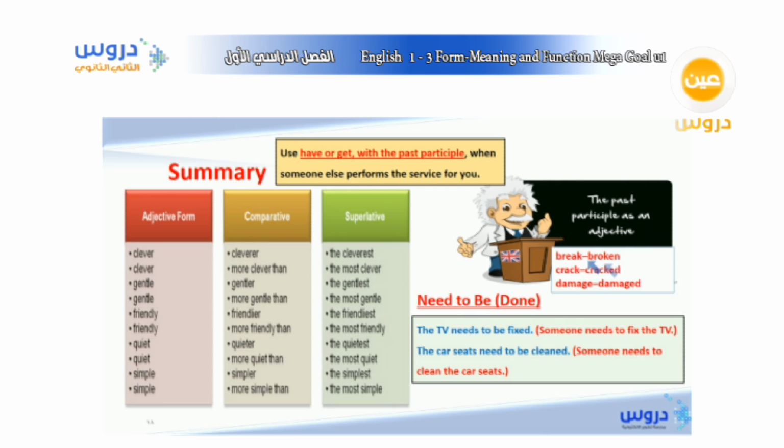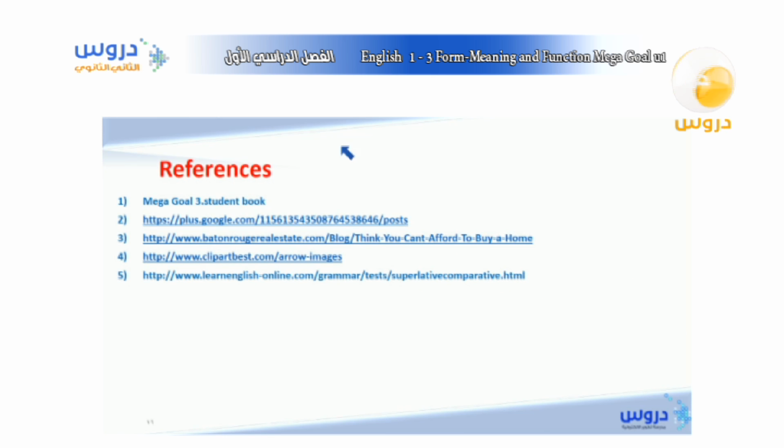The superlative, we use the cleverest, the most clever, the gentlest, the most gentle. Here the past participle as adjective, break, broken, crack, cracked, damage, damaged. Need to be done, the TV needs to be fixed. Someone needs to fix the TV.